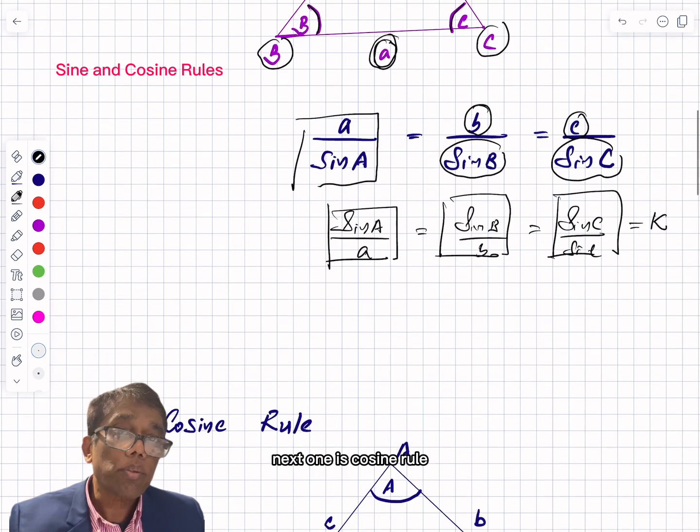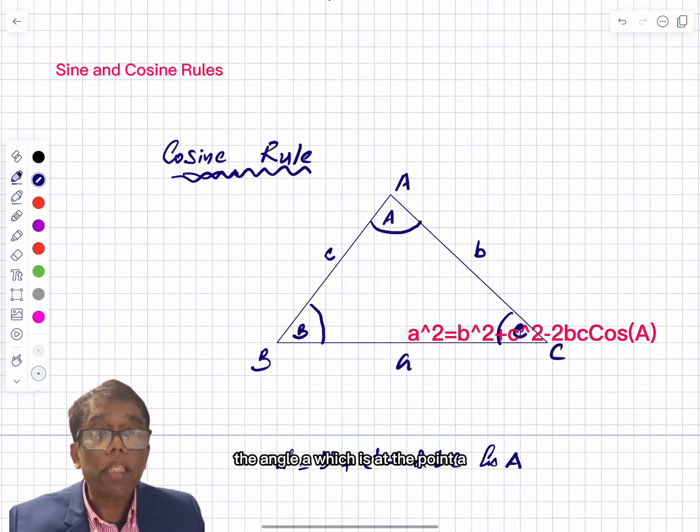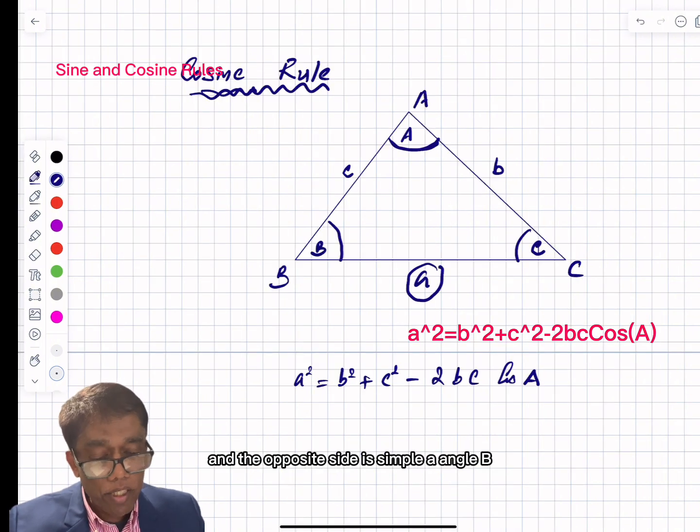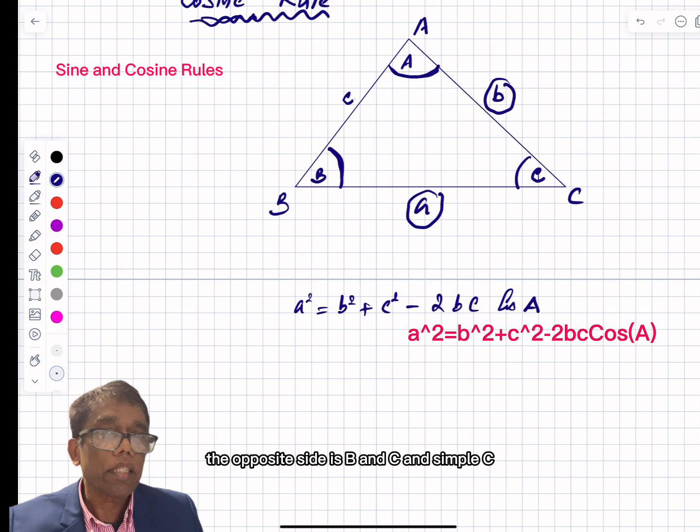Next is the cosine rule. ABC is a non-right angle triangle. The angle A is at point A, and the opposite side is a. Angle B has opposite side b, and angle C has opposite side c.